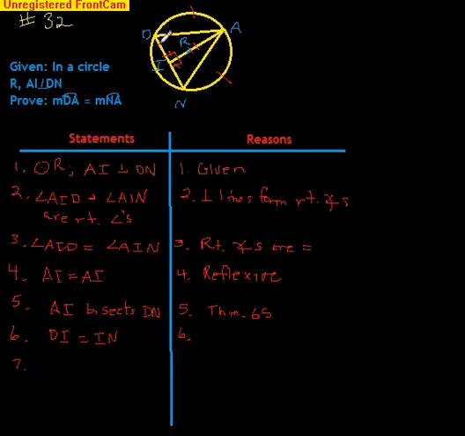So now we have the side angle side, so we can say triangle AID is congruent to triangle AIN, and our reason for that is side angle side. And then I can say DA is equal to AN, since these two triangles are congruent, and that would be CPCTC.